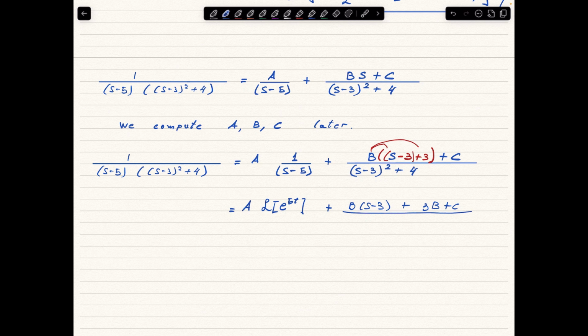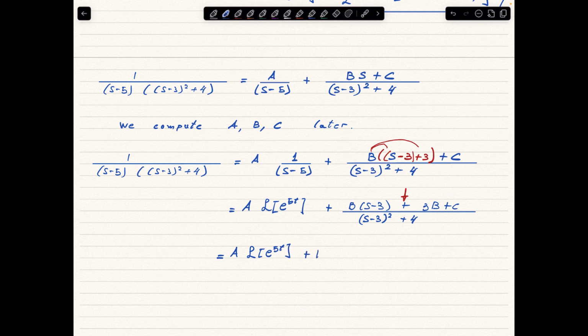All that divided by the same denominator, which is s minus 3 squared plus 4. And now we are going to split this fraction right here. And then we are going to have a Laplace transform of exponential 5t. We didn't do anything here.